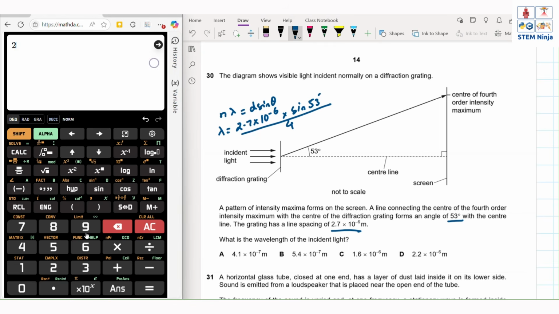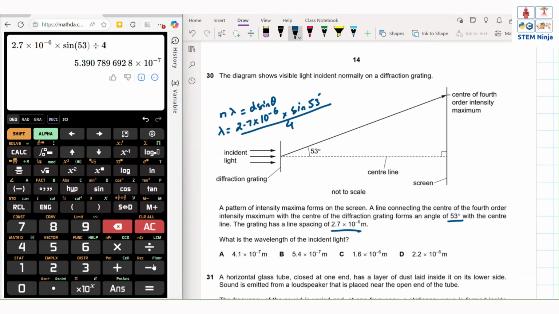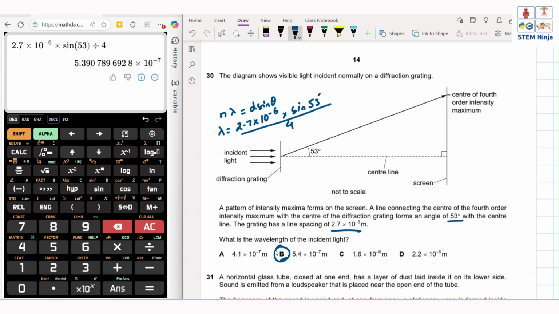So 2.7 times 10 raised to power minus 6 times sine of 53, divided by 4. So we get this. Let's convert it into standard form. So we get 5.390 times 10 raised to power minus 7. So this is the answer for B part.